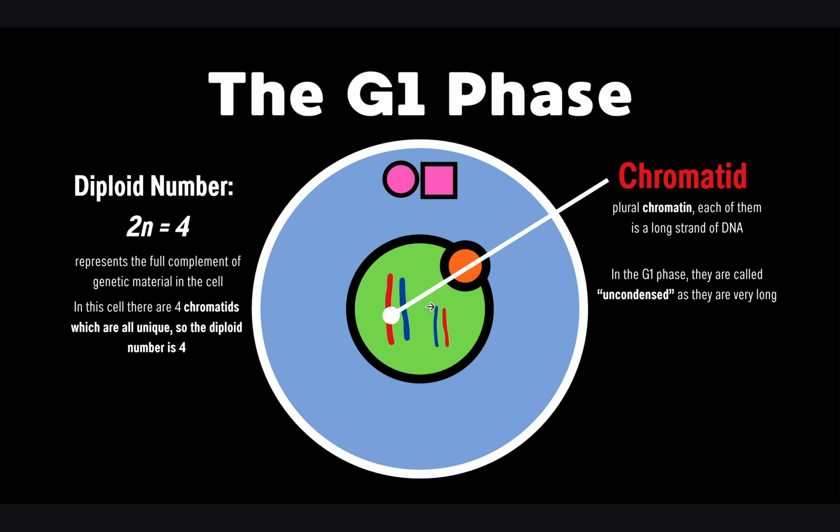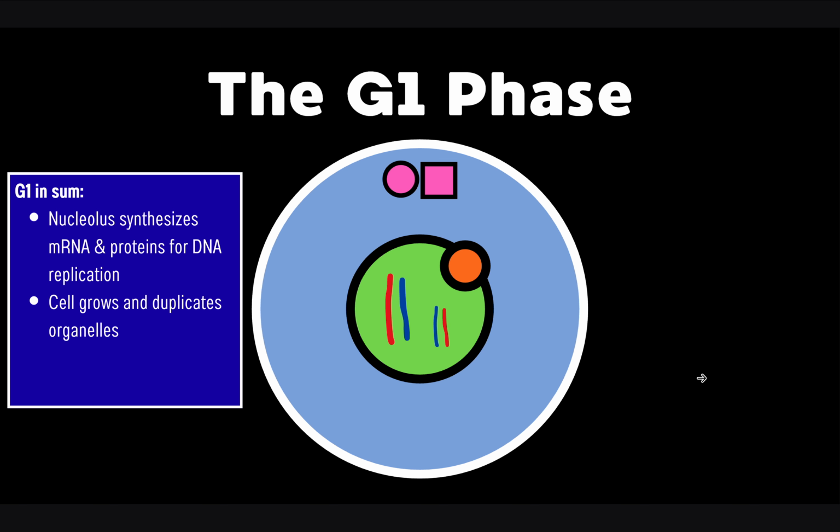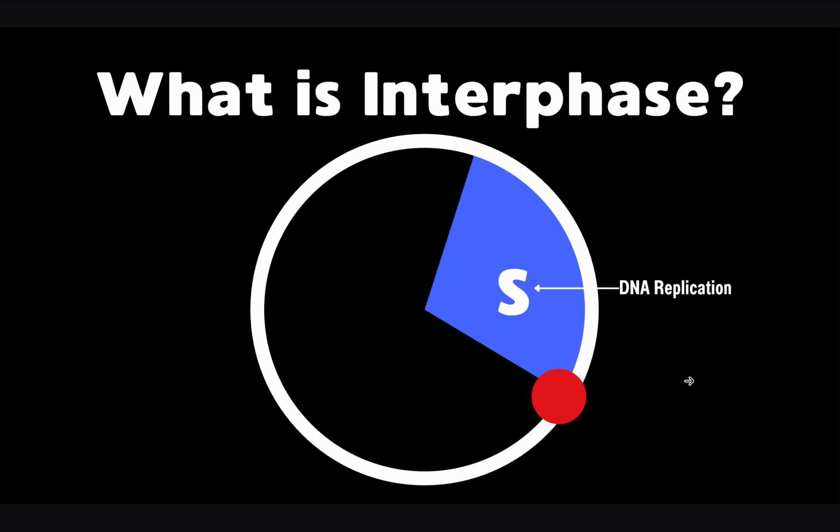So the diploid number is going to be equal to 4, and that's represented by 2n. So in sum, in G1 the nucleolus is going to synthesize the mRNA proteins for DNA replication, and the cell is going to grow, and it can also duplicate some of its organelles during this phase. So basically, it's just growing and making sure that it's ready for the future phases, such as DNA replication, which occurs in the S phase.